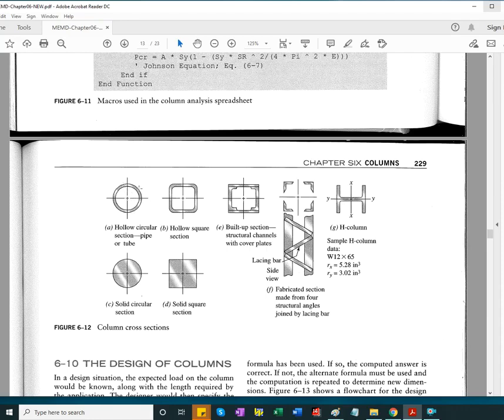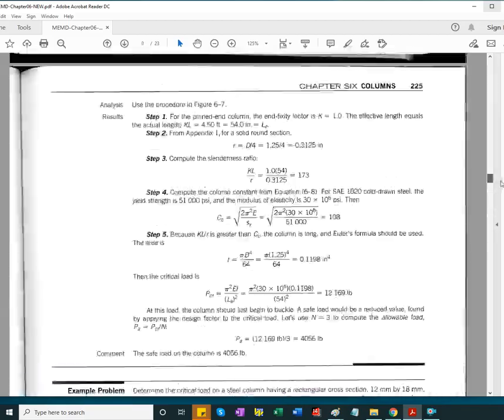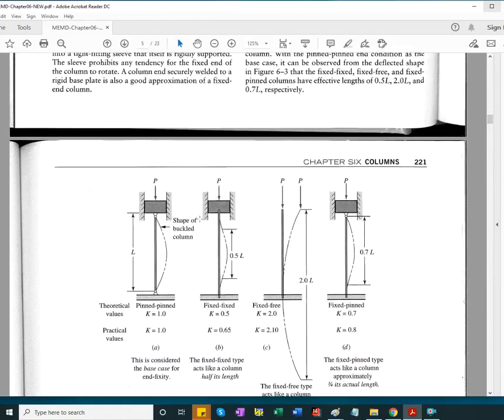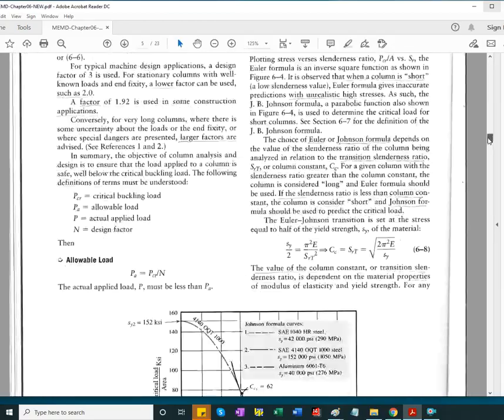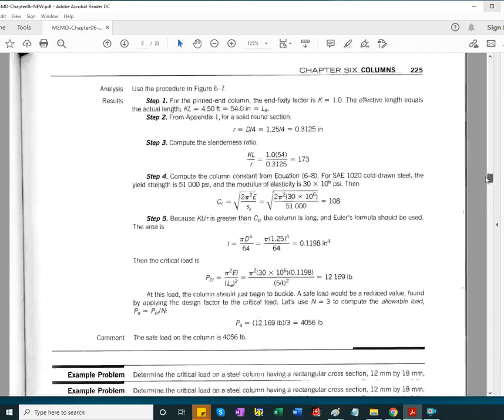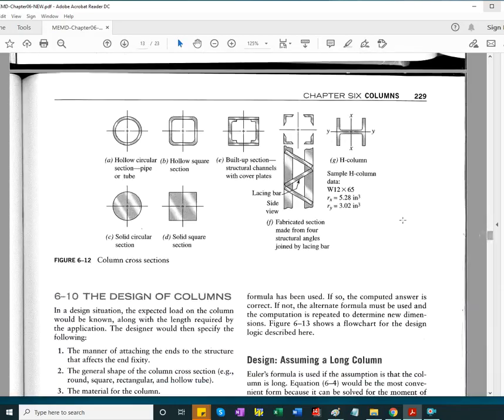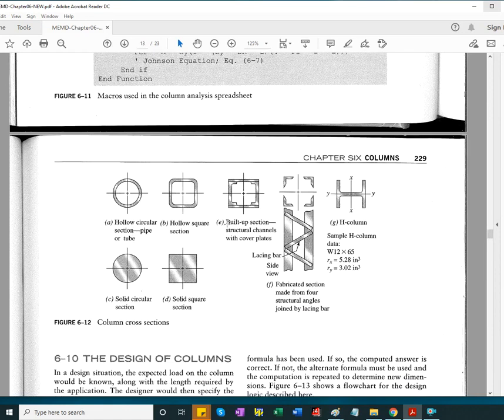The most common case for the end fixity would be K equals 0.5, because the ends cannot rotate. But you need to make sure. So understand the system that you're analyzing to make the right decision.